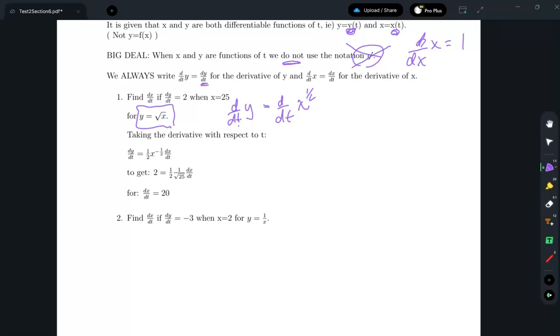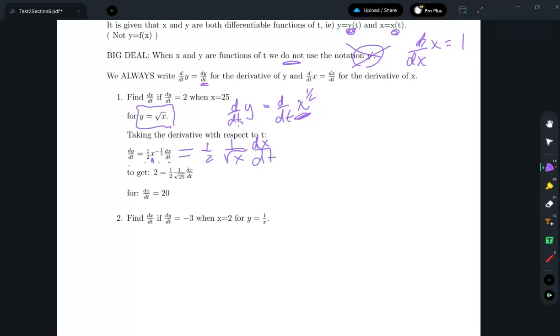So derivative of y with respect to t gives me dy over dt. Here I take the derivative, so 1/2 x to the negative 1/2 times the derivative of the inside, which is dx over dt. Then remember, I've always said it's really, really useful to put those negative exponents in the denominator.